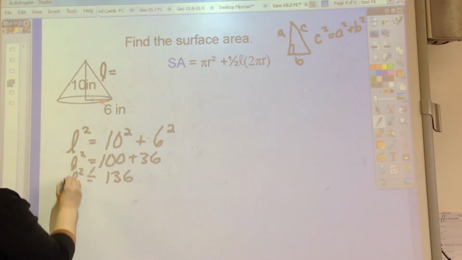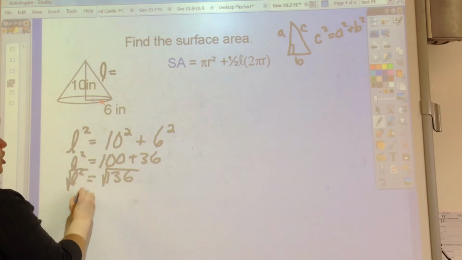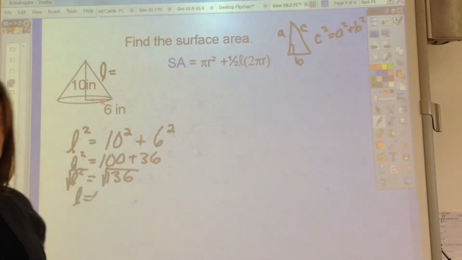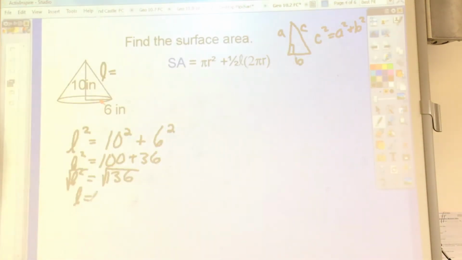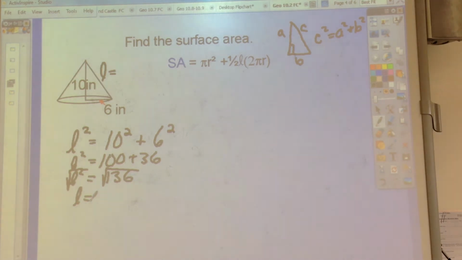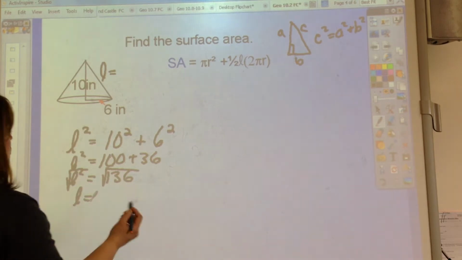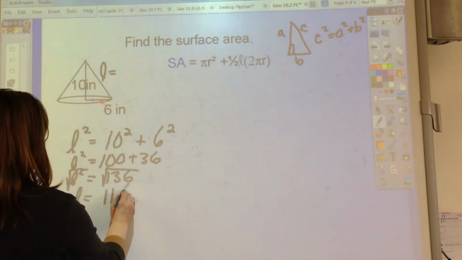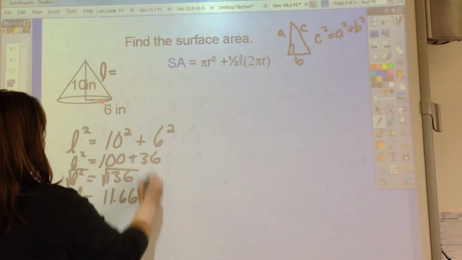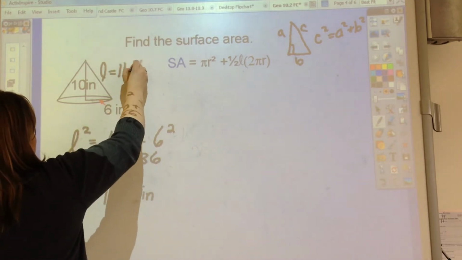And now I'm going to need to square root both sides. Notice that you'll get 2 solutions. One is positive and one is negative. And we only want the positive solution because it is a distance. So take it to 2 decimal places and hopefully you get 11.66 inches, just like I do.